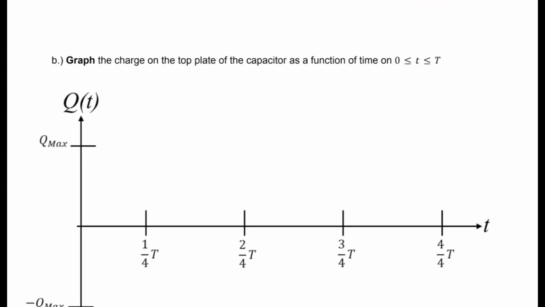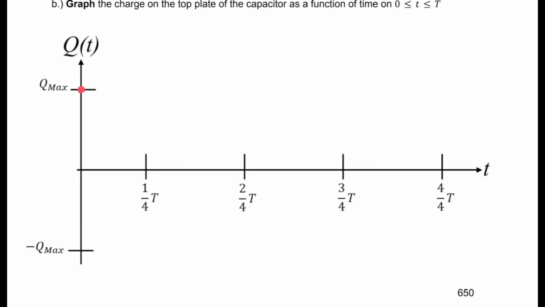So what we should have is, again, in physics always try to graph points before we do any sort of shape or end behavior. So we know that the top of the capacitor started with some charge Q max. A quarter cycle later, it was completely discharged. Then a quarter cycle later, it was charged to the opposite polarity.